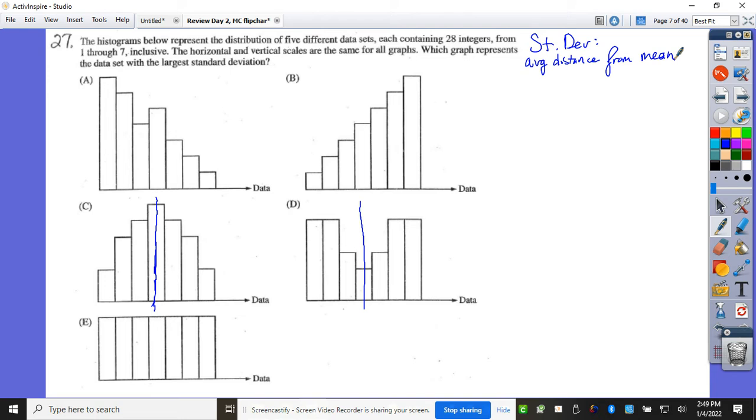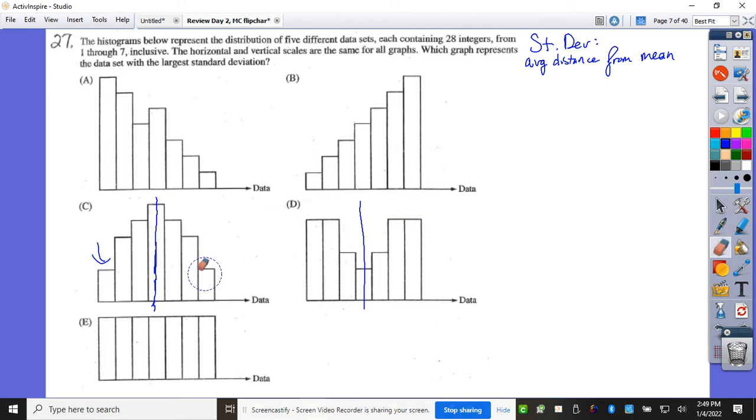So in C, I have a whole bunch on my mean line, which means how much are those contributing to the distance? How far are these away from the mean? 0. Are there a lot or a few of them? There's a bunch of them. Whereas here, I don't have very many that are contributing 0. Here, I have few that are contributing the most. Here I have a lot that are contributing the most. Does that make sense?